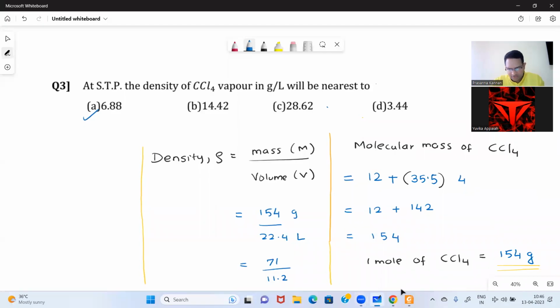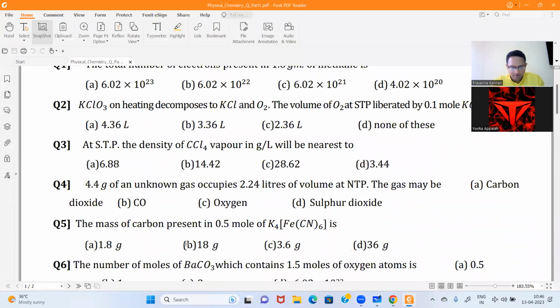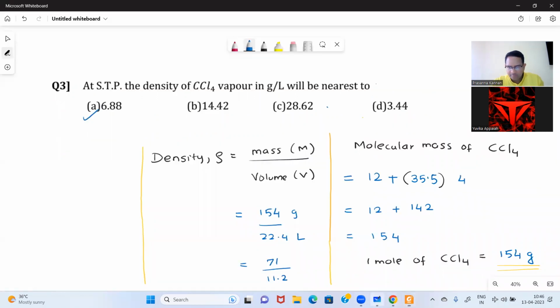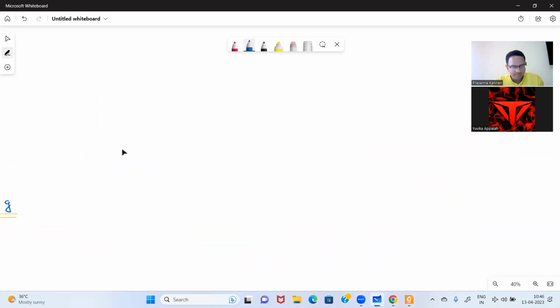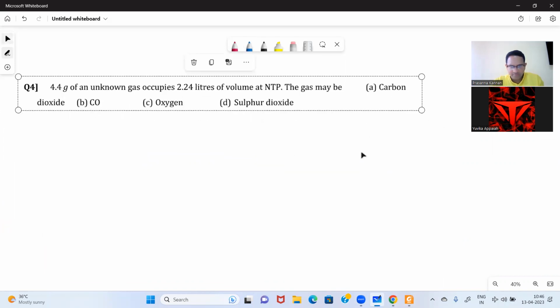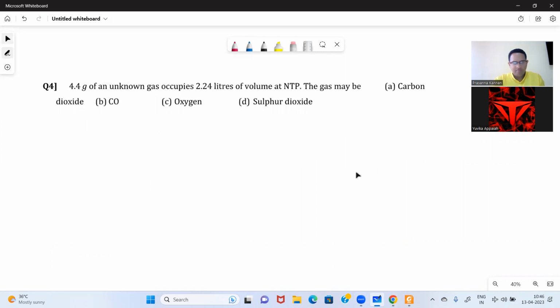Okay, now let's go to the next question. Question number 4. 4.4 gram of an unknown gas occupies 2.24 liters of volume at NTP or STP.